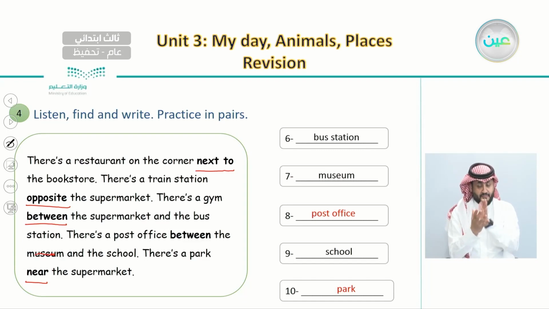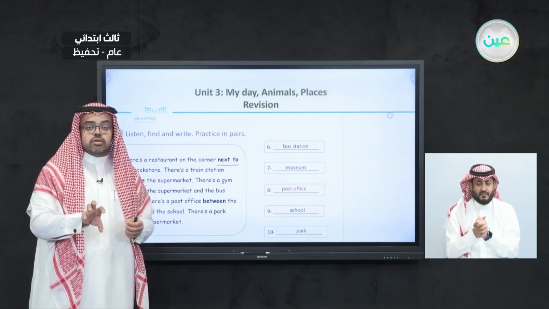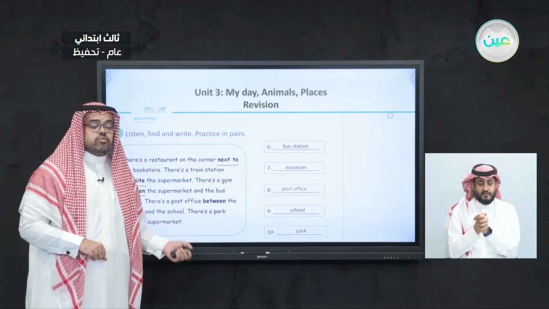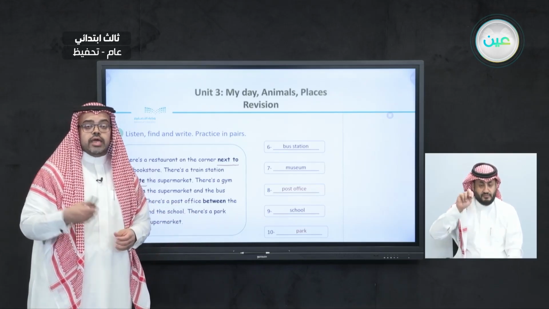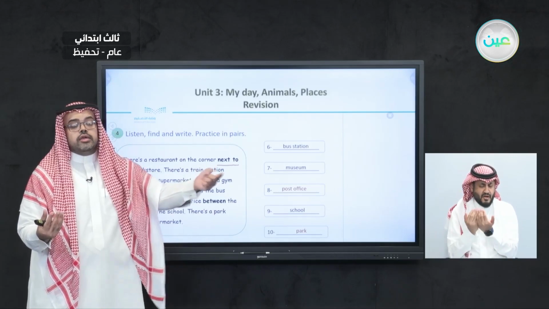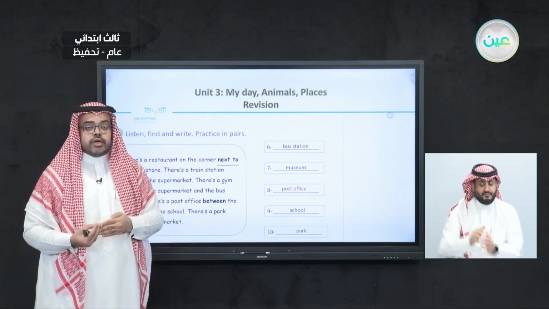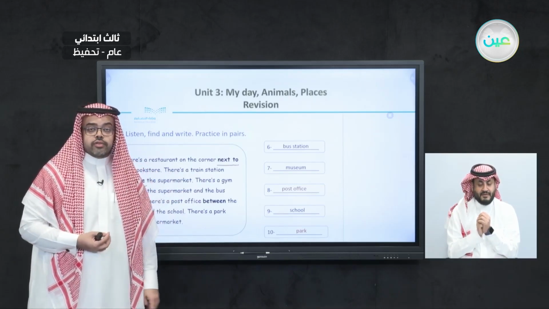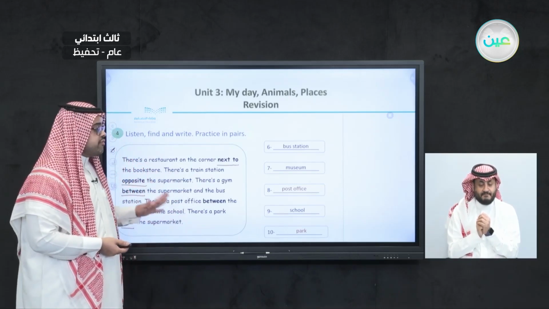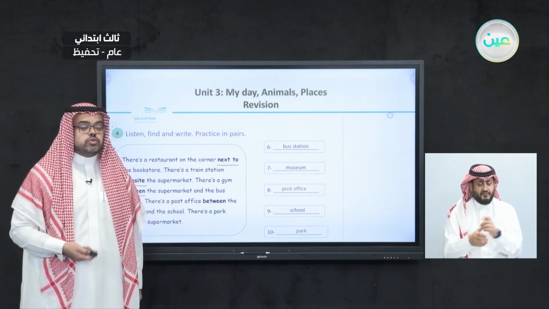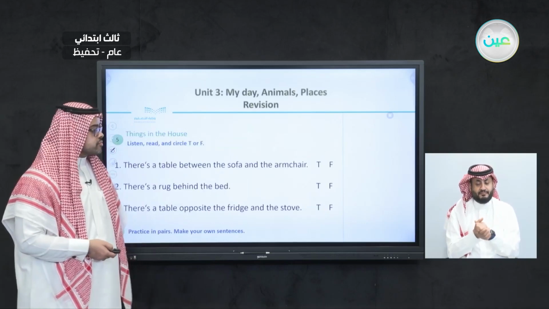If there are 2 places, we use between to talk about the place in the middle, between 2 places. And the last one is near. For example, here we have a place, and near to this place, not far, is the other place. So these are 4 very important prepositions that we use when we want to talk about places.